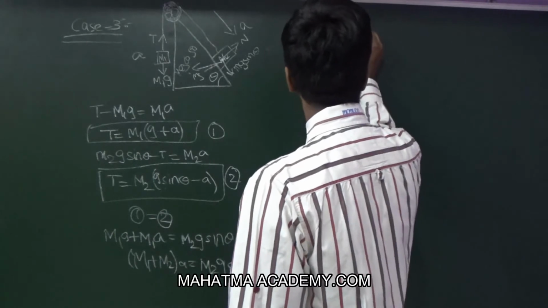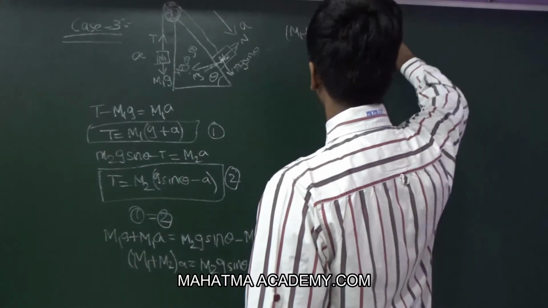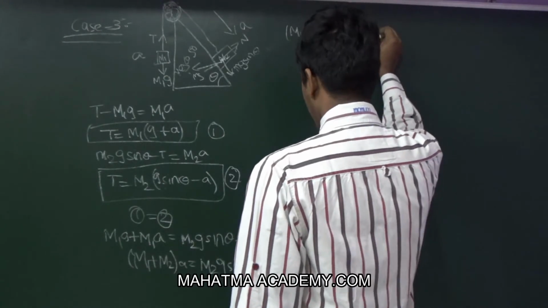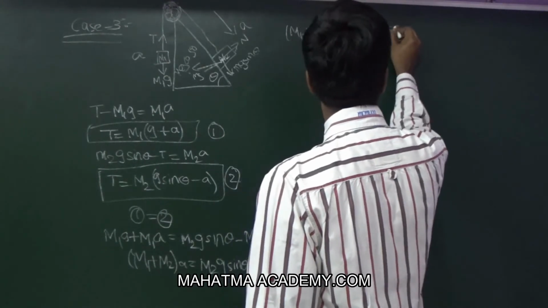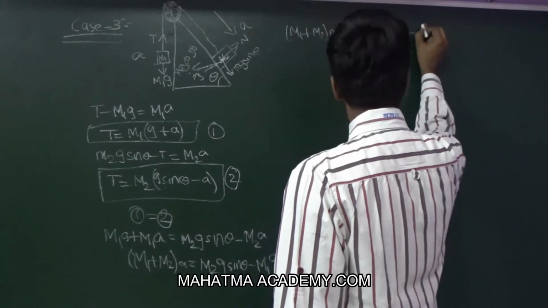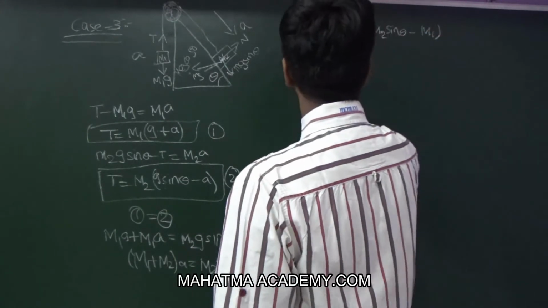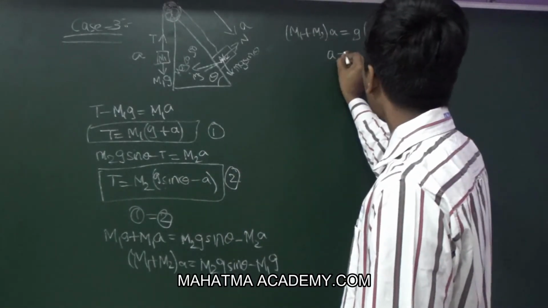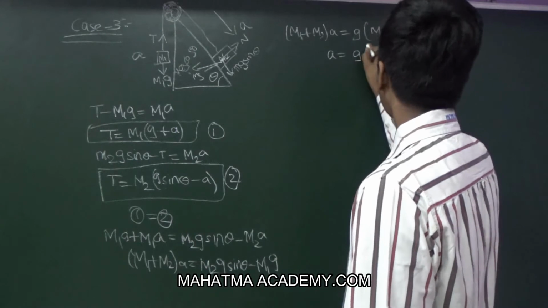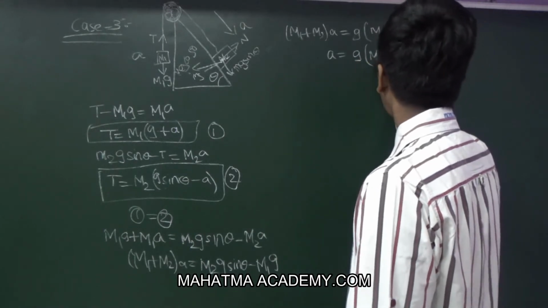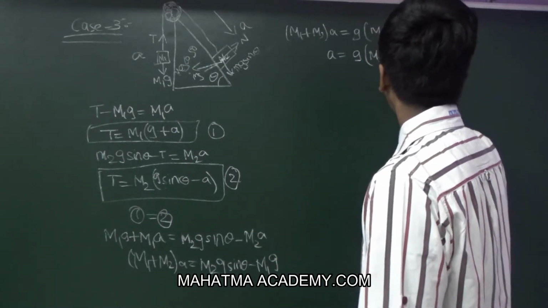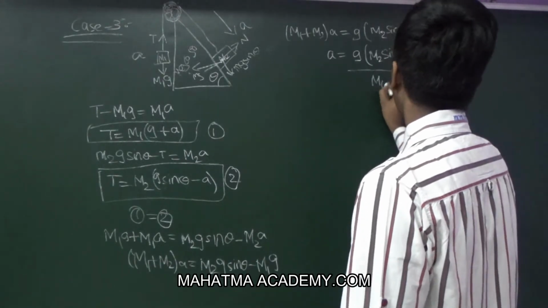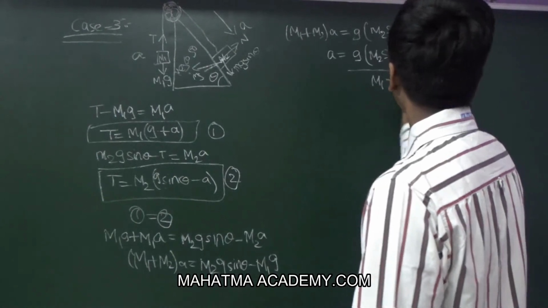Now if we take g common on the right hand side, it will become m2 sin theta minus m1. So the acceleration is g into m2 sin theta minus m1 upon the total mass m1 plus m2.